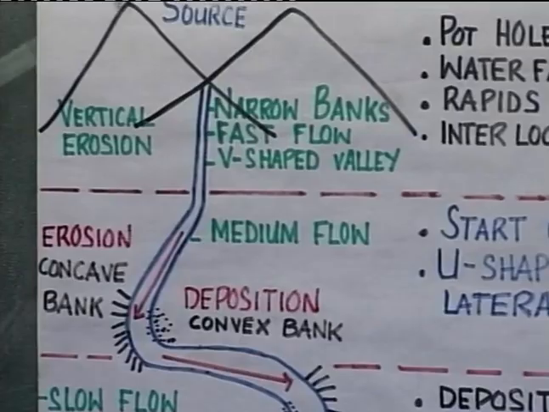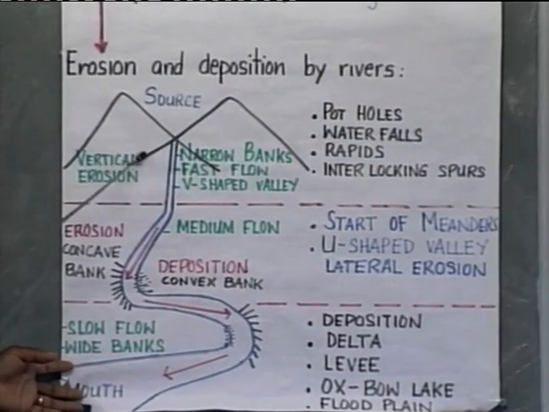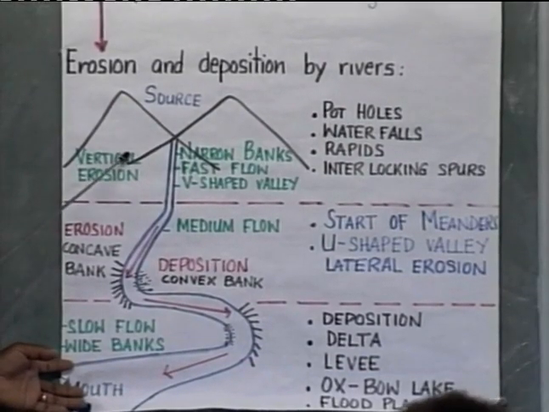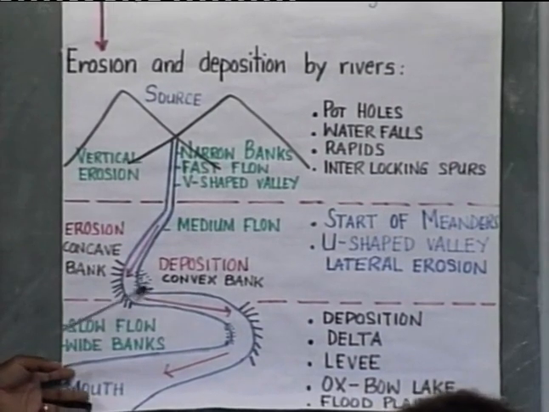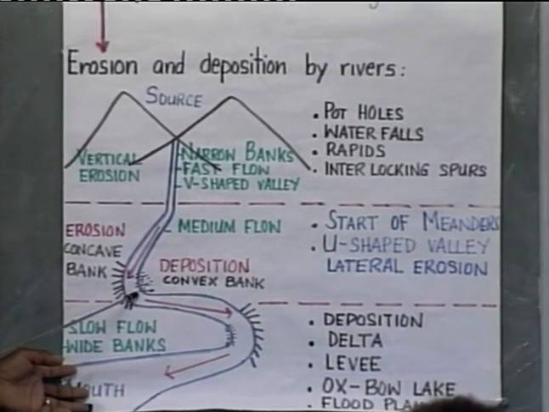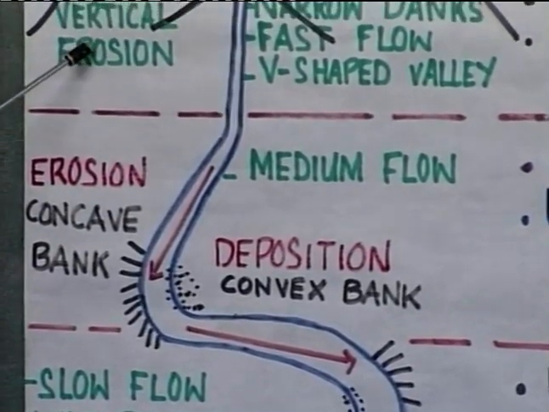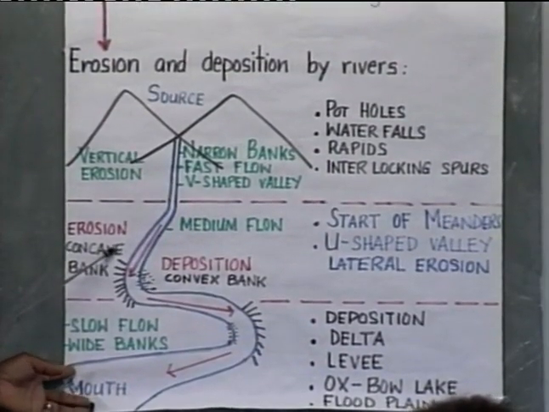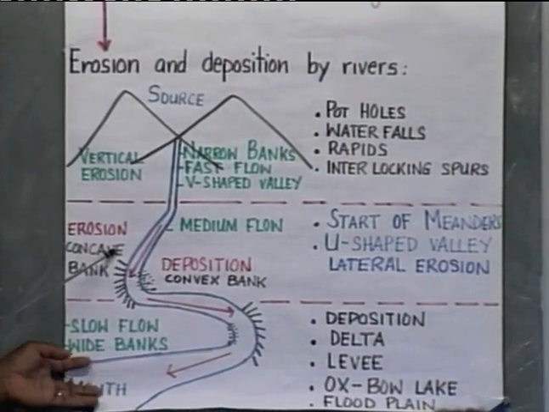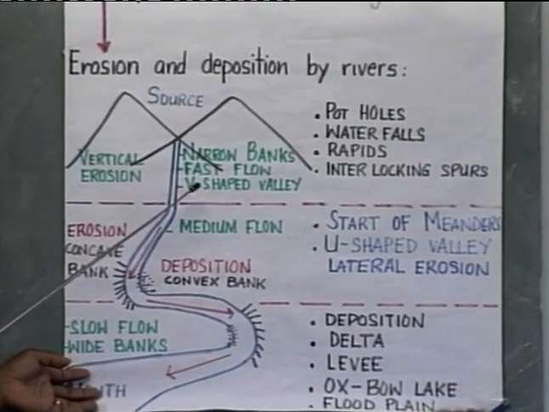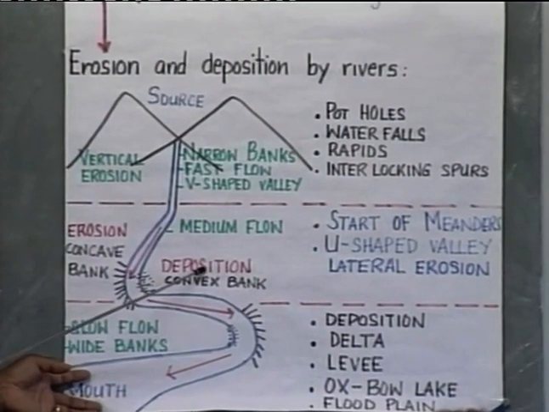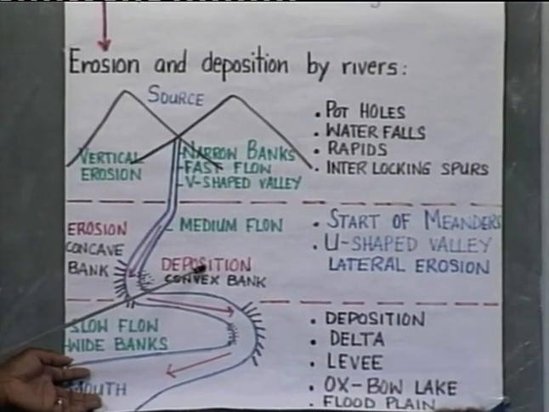We also looked at how vertical erosion is dominant in the first stage. This time when we come to the second stage, lateral erosion will become dominant. And because of the lateral erosion in the second stage, the shape of the valley will no longer be V. Rather, the valley in the second stage becomes a U-shaped valley.